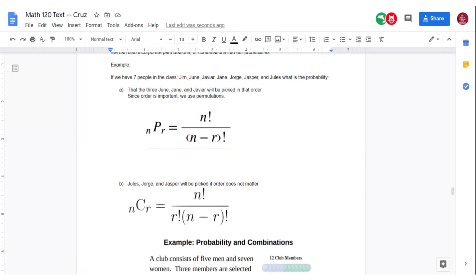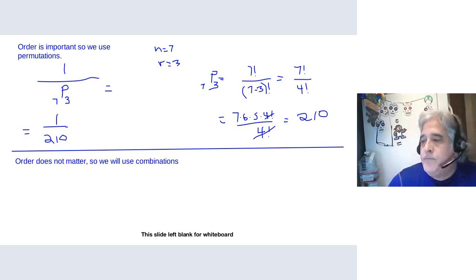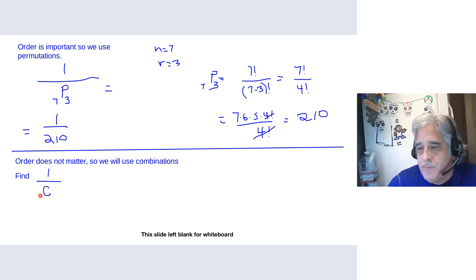All right. So now what we're going to do, we're going to simply find, and we're going to go through that same process.